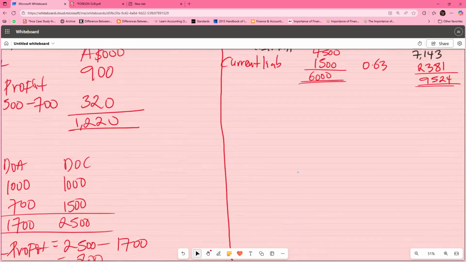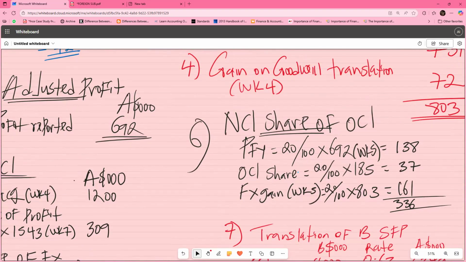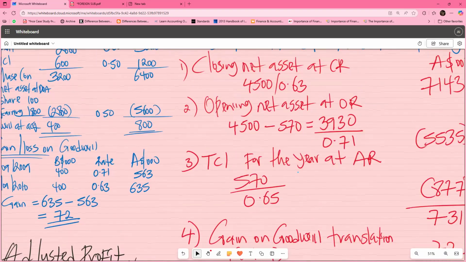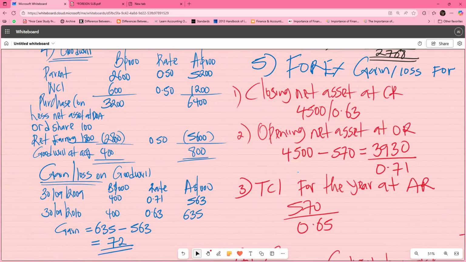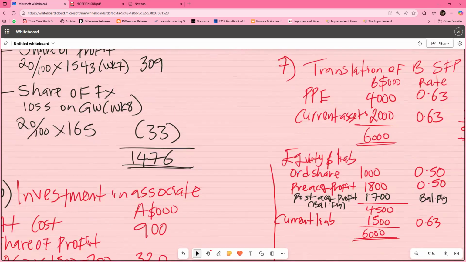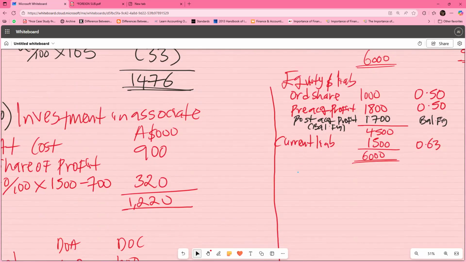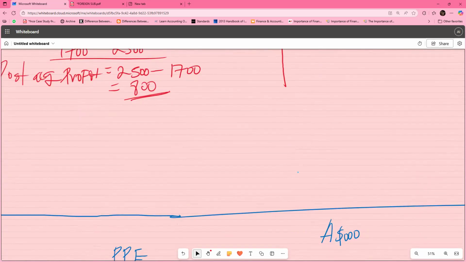So let's go back to working four. How much is our goodwill? The goodwill as of today is 635. All right. I also need another thing. Investment in associate is 1,220. Okay, so that is what I need.